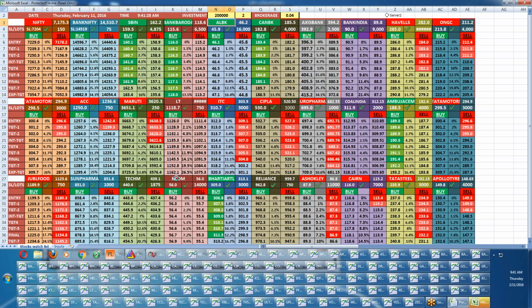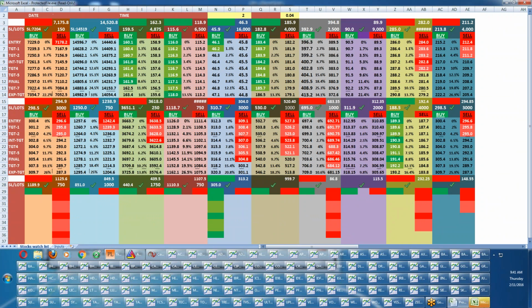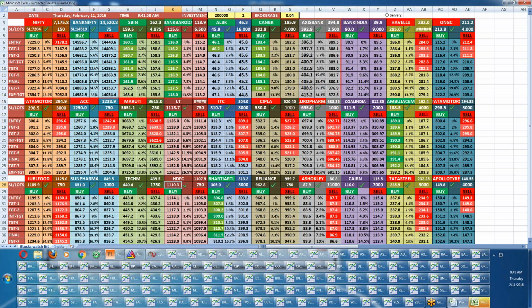HDFC, we have a sell in place of RCOM. Let me just add HDFC here. DLF, we have a sell.